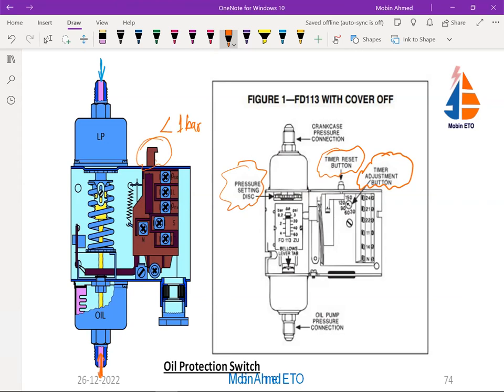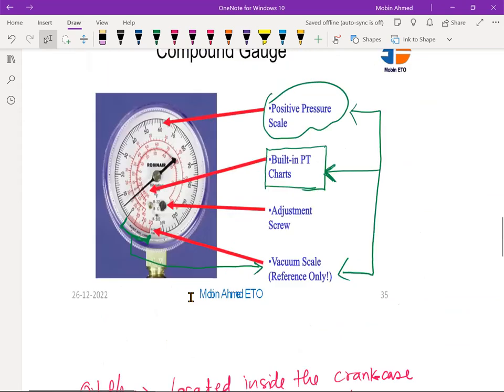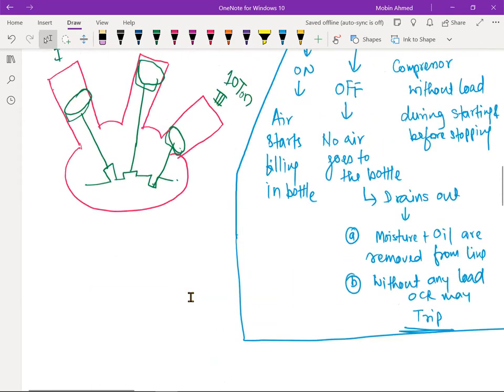That is the difference we are setting here. If I set a 1 bar difference, that means if the difference reaches 1 bar, it will operate and trip the compressor. So this is the oil protection switch. Hope it is clear. Any doubt in this?